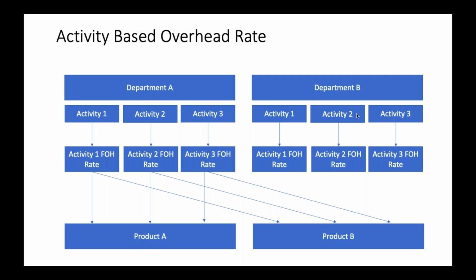So if department B will also be contributory to the production of product A and B, each activity's factory overhead will also be applied to both products. So for this one, activity 1 of department B will be applied to products A and B, same as activity 2 and activity 3.